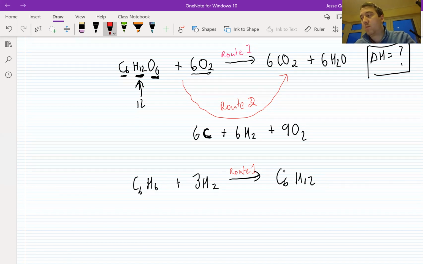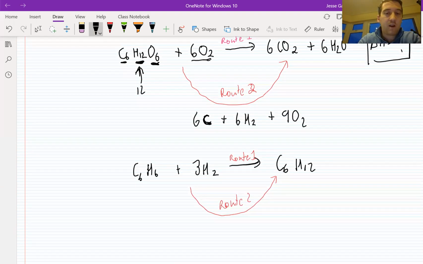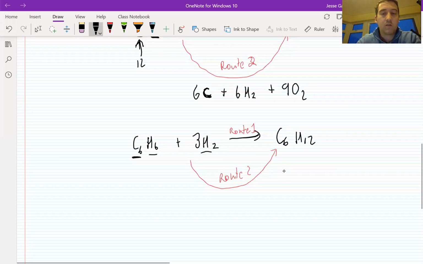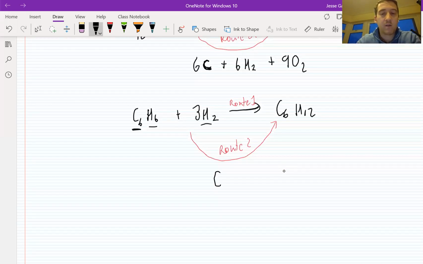Okay, so you should only be watching the video if you have done route 2 for that particular reaction. It looks like this, route 2. What elements do I have here? I have carbon, C6, and I have hydrogen. Those are my 2 elements. So I've got carbon and I've got 6 of them, so that's what you should have, 6C.